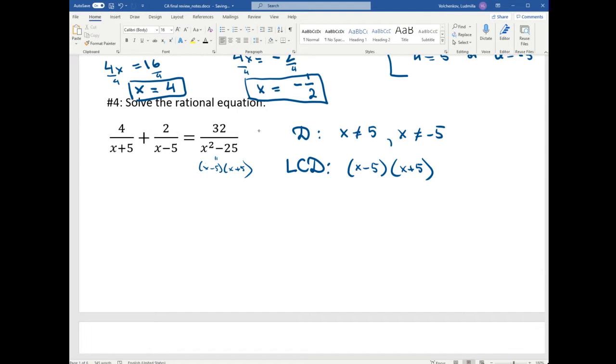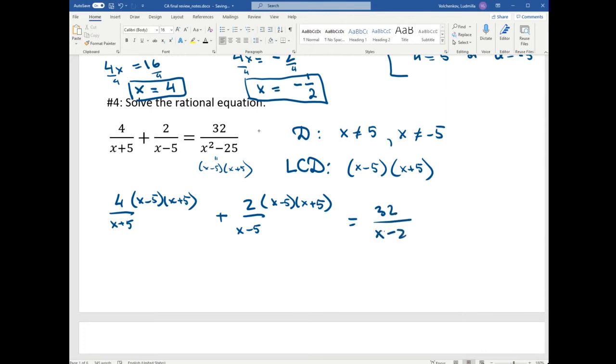Okay, so we multiply the equation by the LCD: 4 over x plus 5 multiplied by x minus 5 times x plus 5, plus 2 over x minus 5 multiplied by x minus 5 times x plus 5, equals 32 over x squared minus 25 multiplied by x minus 5 and by x plus 5.